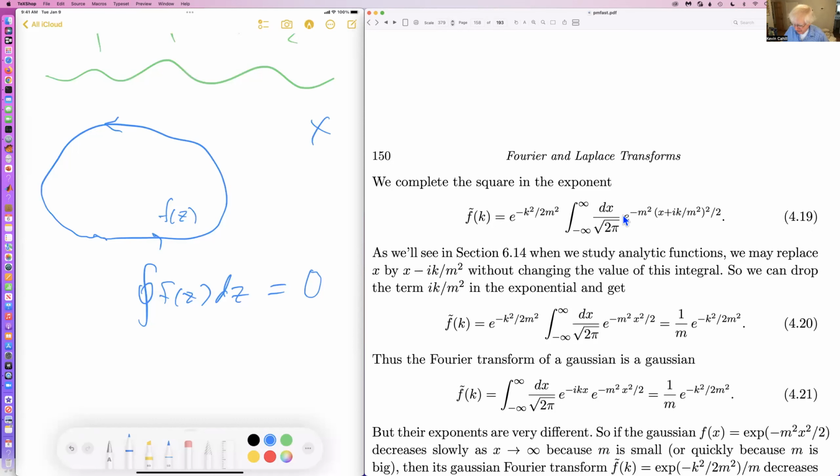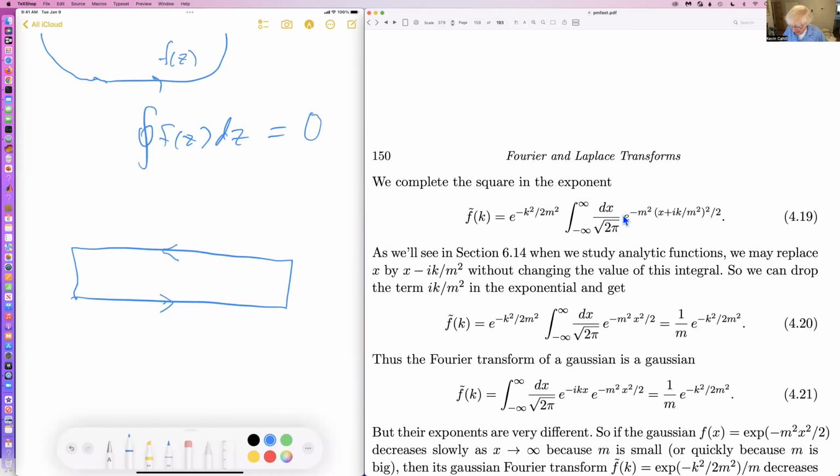And so that means that the integral along here, the integral up here, the integral down there, this is all 0. But on the other hand, this integral and that integral then have to cancel, because these two integrals, in the case of a Gaussian, they're essentially 0 because they're weighted by e to the minus m squared x squared.